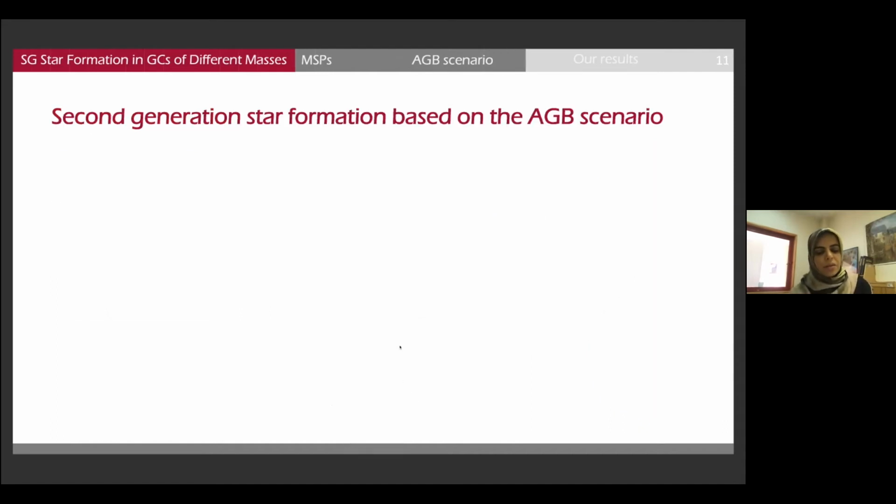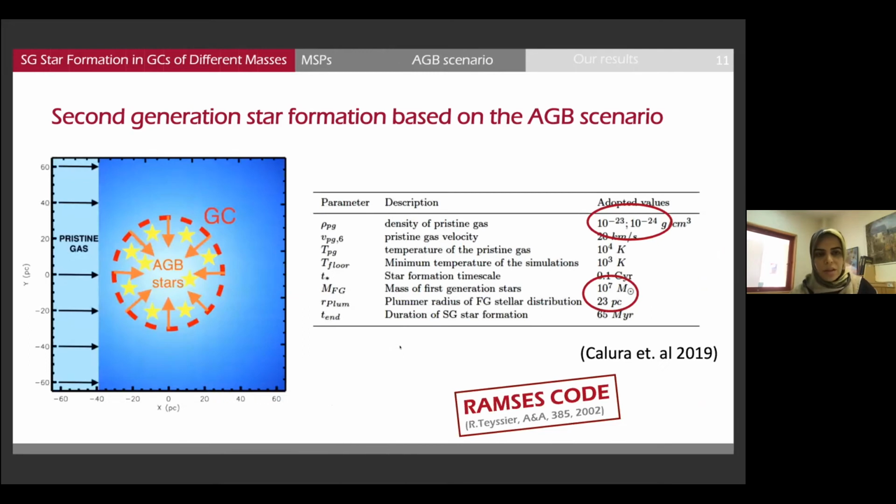In 2019, Calura and his colleagues presented the first set of 3D hydrodynamic simulations with the RAMSES code to study second generation star formation based on the AGB scenario. They took a very massive cluster of 10 to the 7 solar masses with two different ISM densities, 10 to the minus 23 and 10 to the minus 24 gram per cubic centimeter.